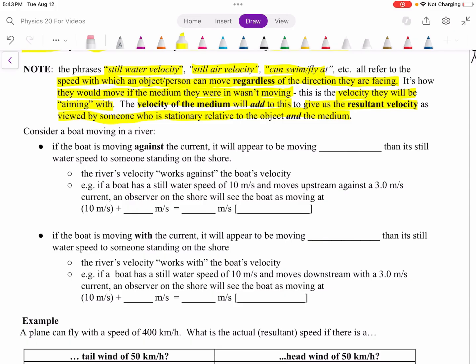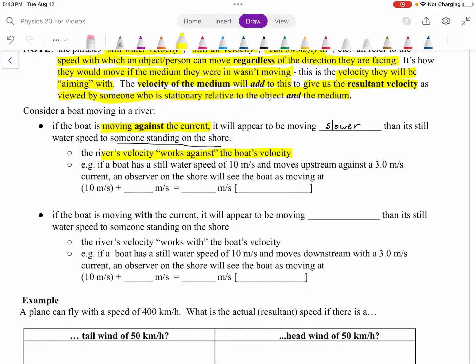So if a boat is moving against the current of a river, right, it's going to appear to be moving slower than its still water speed to someone who's standing on the shore, because the river's velocity is working against the boat's velocity. Again, it's not like the boat's engine changed and it's any slower, but if we're standing off to the side of the river, right, it's going to look like the boat is moving slower because it's moving through that water at its still water speed, while the water itself moves away from us at a different speed or towards us, depending on how it's set up.